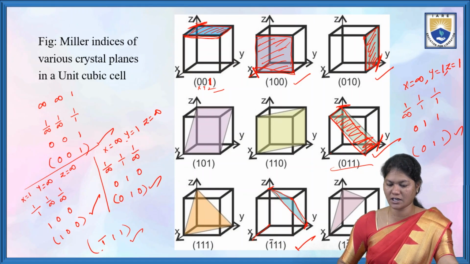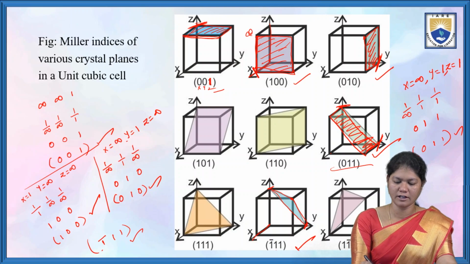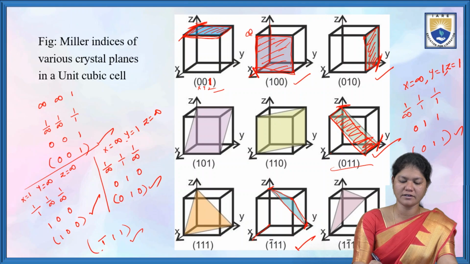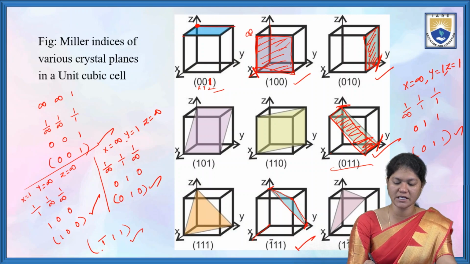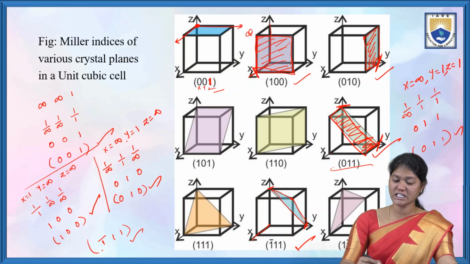Suppose we are taking a plane parallel to the z plane, but here it has infinite intercepts. On the z axis, in the 0 0 1 plane, the interception is only at the z axis, but in the y direction and x direction there is no interception. So in this case, the interception is infinity.